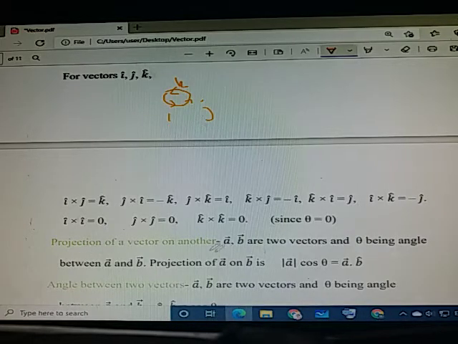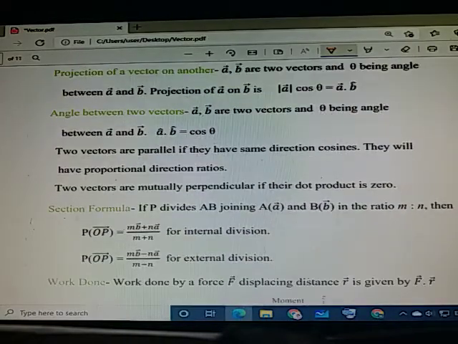Then projection of a vector. As we have got, it is AB cos theta, because we require this one; A and B are two vectors. A cos theta: this is vector A, and in this direction, suppose it is B. We only require A cos theta.